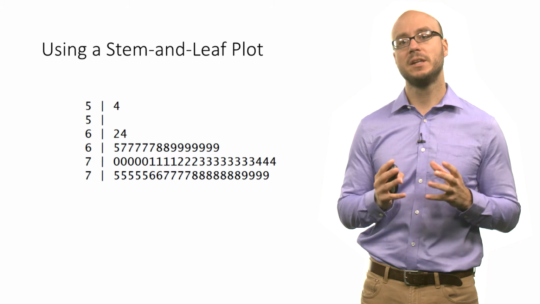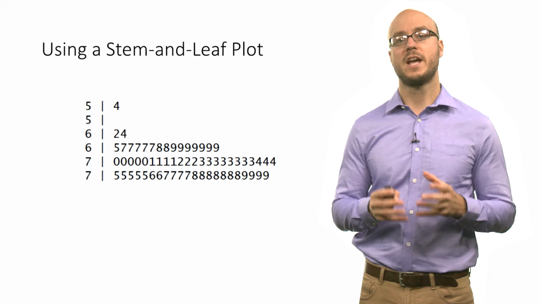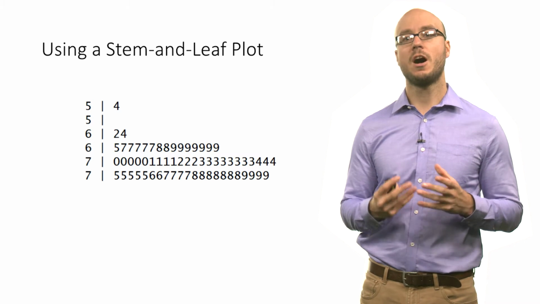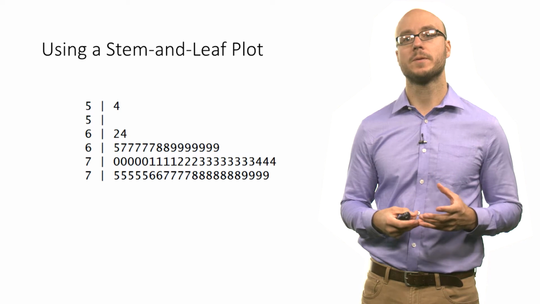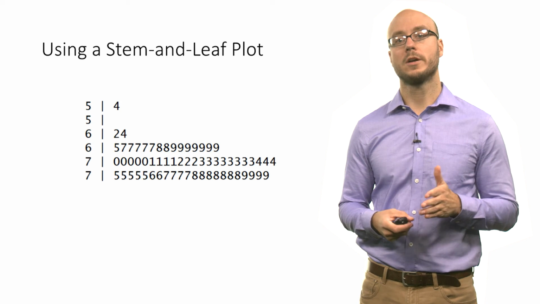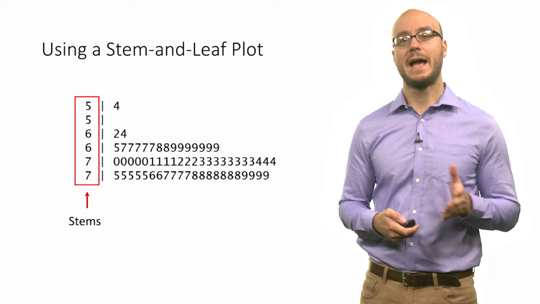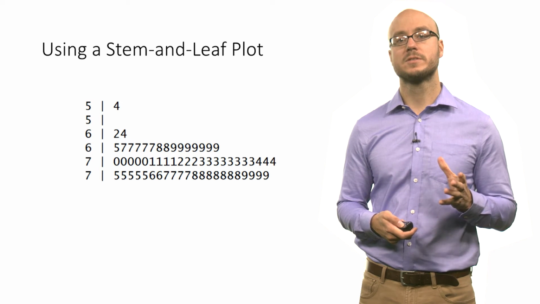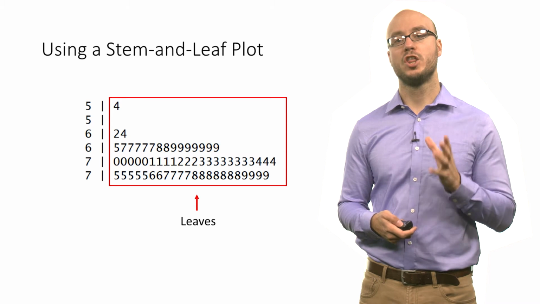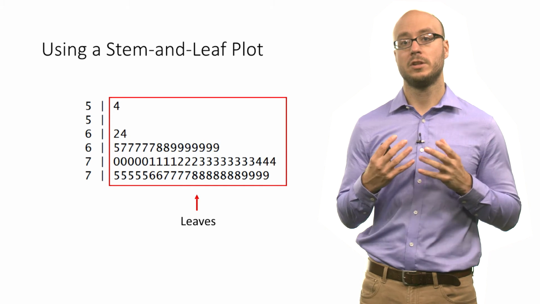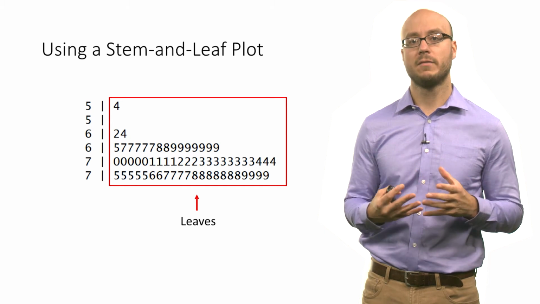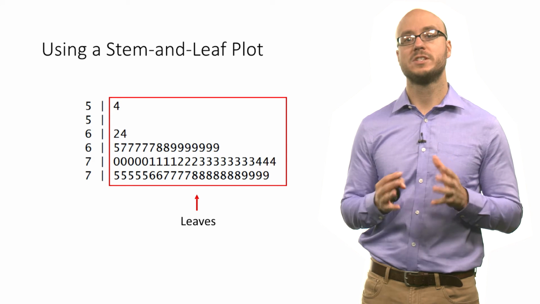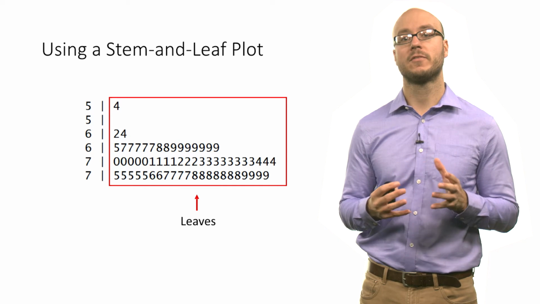So here's a stem and leaf plot for our set of countries. Each observation has its own number. And you can see that there's this vertical bar. The numbers to the left of this vertical bar, those are the stems. And the numbers to the right of this vertical bar, those are called leaves. Now, usually a stem and leaf plot will identify what distinguishes a stem from a leaf.